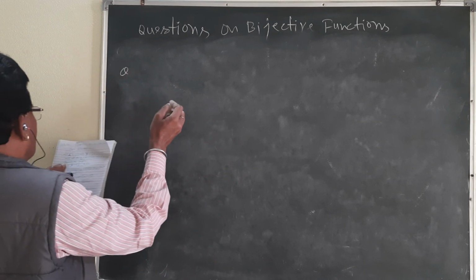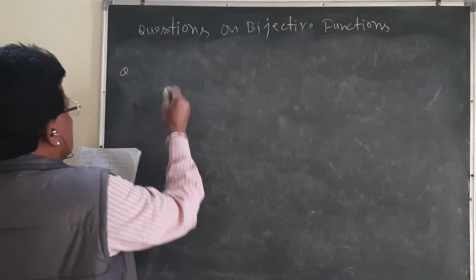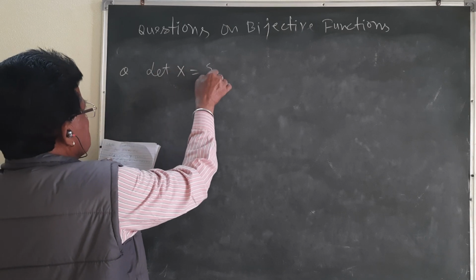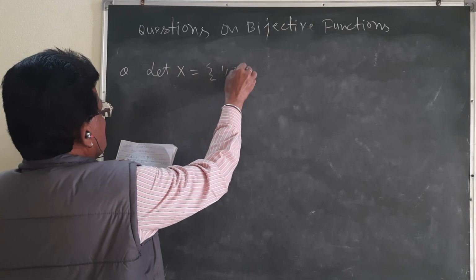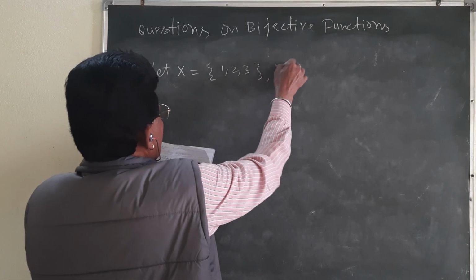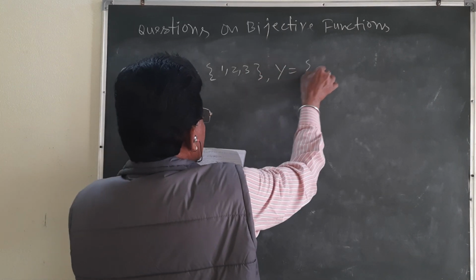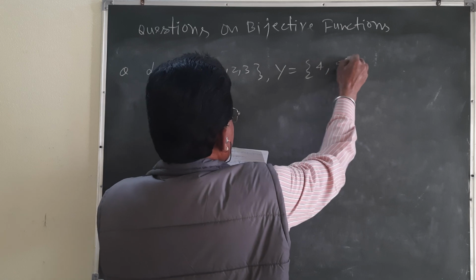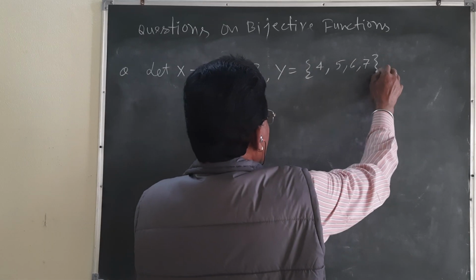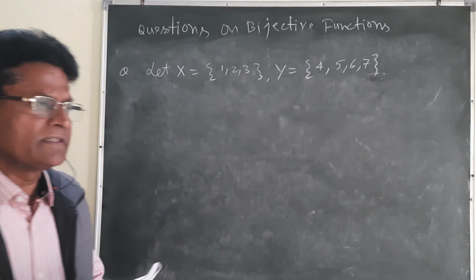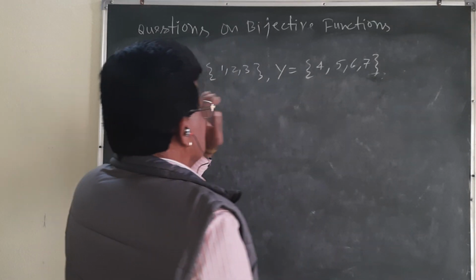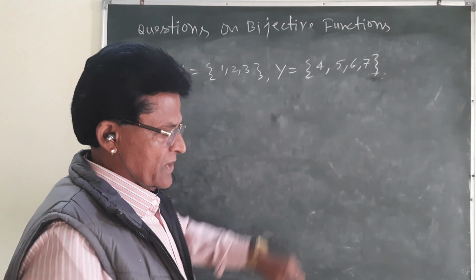This question is from your NCERT book. Suppose X is {1, 2, 3} and Y is {4, 5, 6, 7}. Very simple question. On the first day, in the first video, while I discussed the definition of one-one function and onto function, I discussed such type of function.